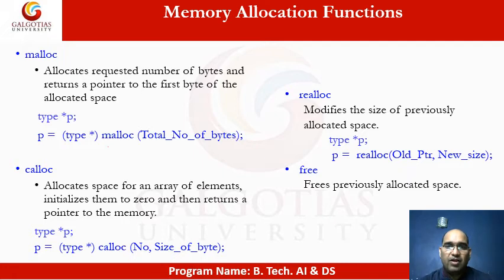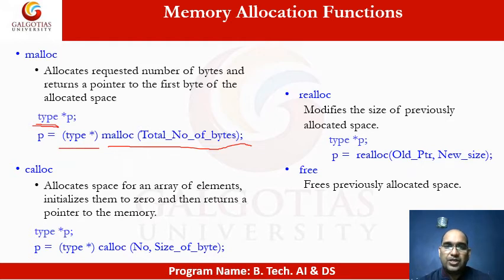This malloc function returns a void pointer, so we have to typecast it with the data type, and p is the pointer which points to this memory location, right?